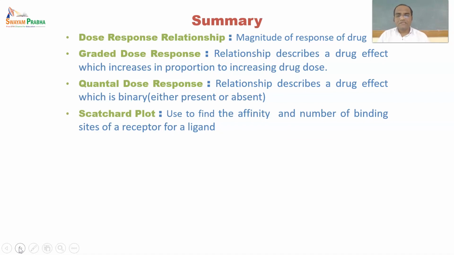After that, we have seen a scatter plot used to find the affinity and the number of binding sites of a receptor for a ligand.